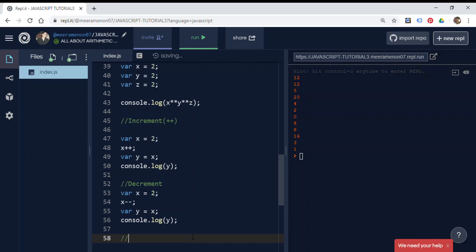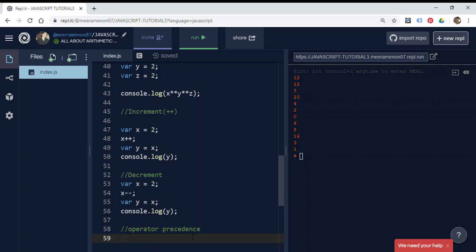This is called operator precedence. That means when we are doing the particular operation, which operation takes precedence over the others. Let's see. This happens when there are multiple operators in one line.